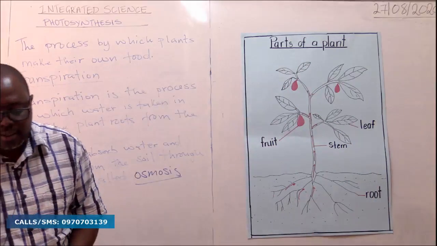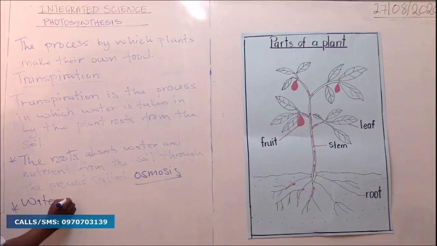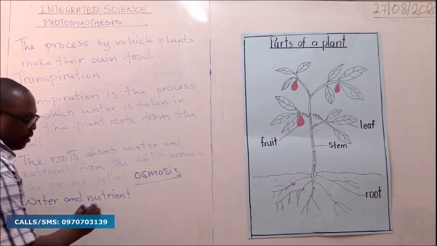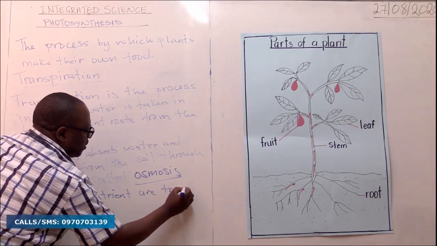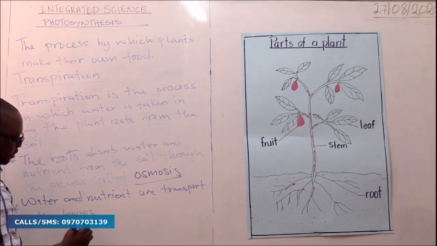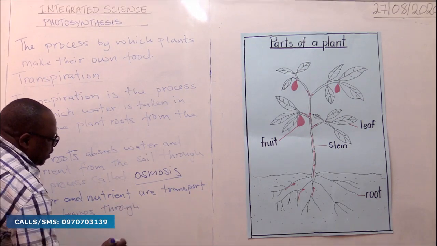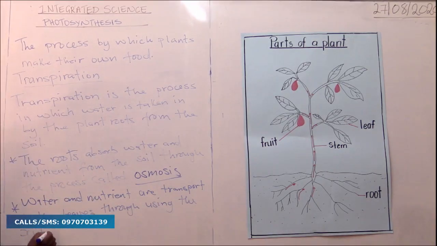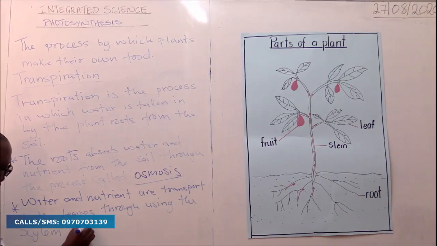Now the xylem tissues, these are the tubes where the water and the nutrients pass through.